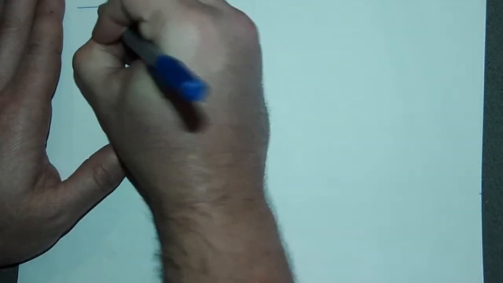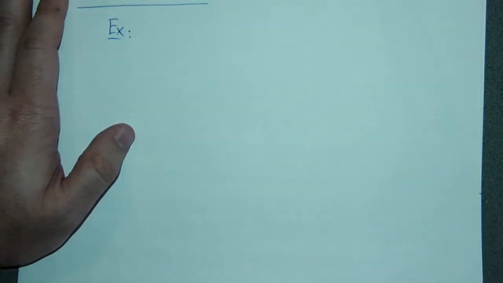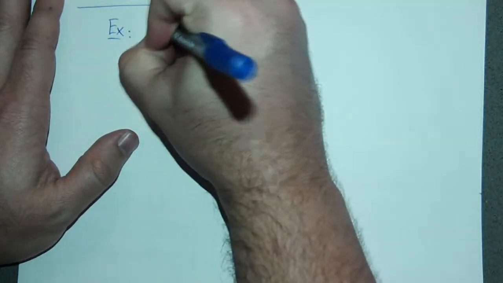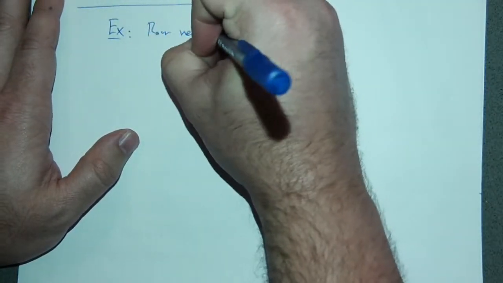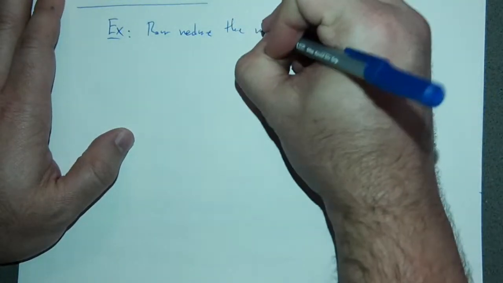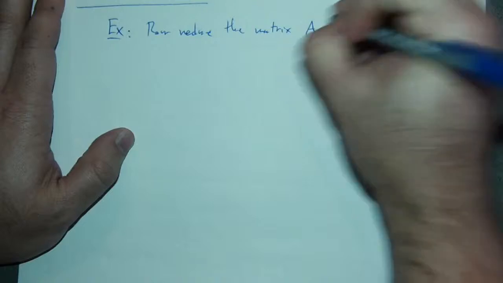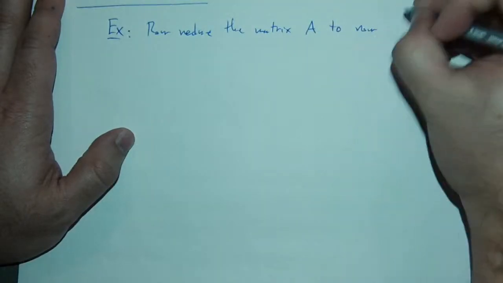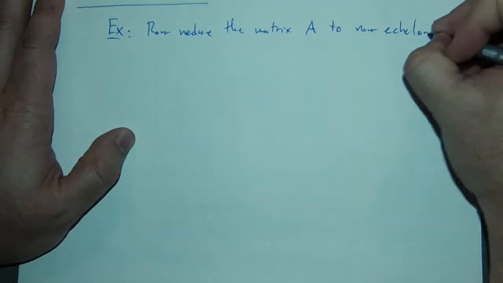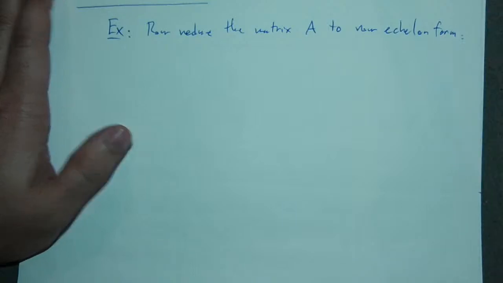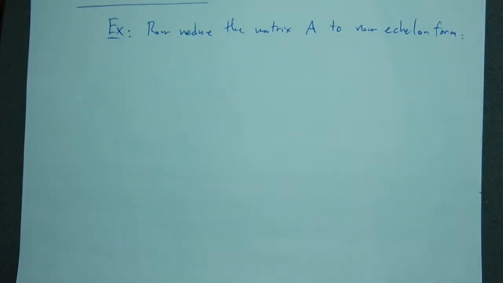So here's an example. Row reduce the matrix A to row echelon form.